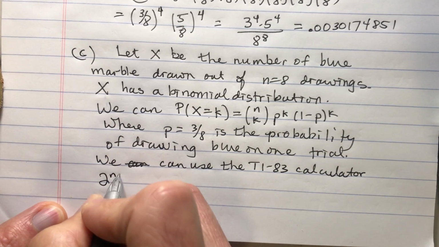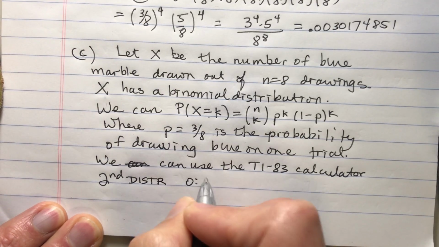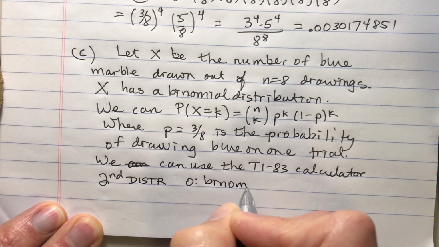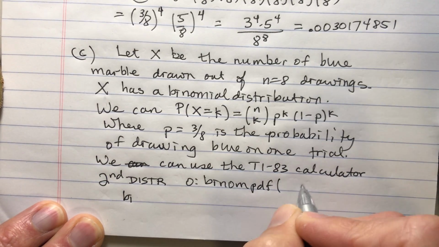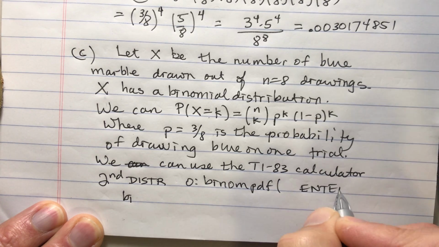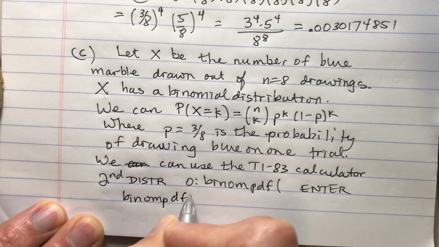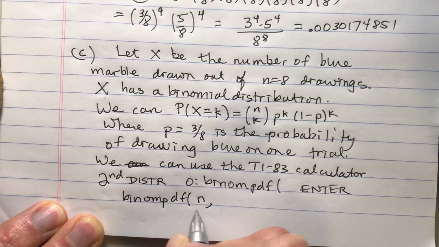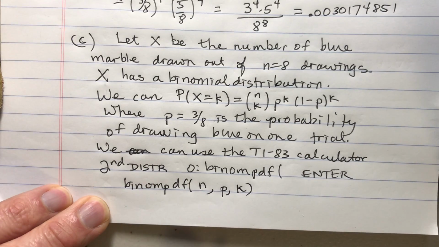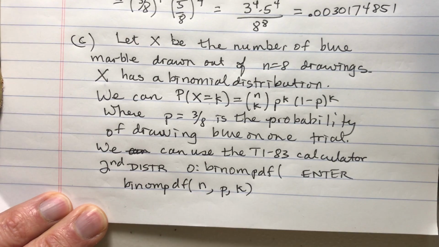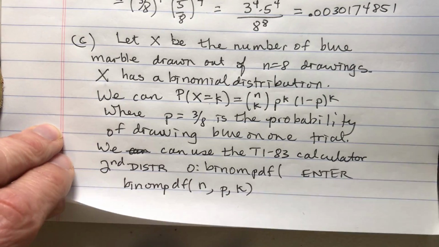Second distribution, 0, binomPDF, and then you enter that, and you put 3 numbers in, and you have to put them in this order: N, P, and K. If you don't get that order, then it's not right, and you have to play around and try to get the right order. You'll just get an error.